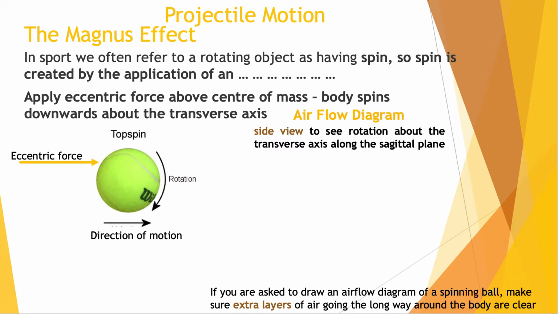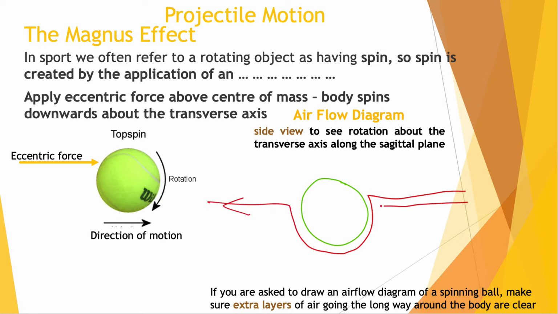With a spinning tennis ball though, or table tennis ball, or golf ball, or football, say it would be exactly the same. We've got our ball here. We're now going to draw, with the top spin, more layers of the air travelling underneath the ball, because the spinning object travelling this way takes this layer of air here underneath it. So I'm going to draw the 4th layer also coming underneath the ball.